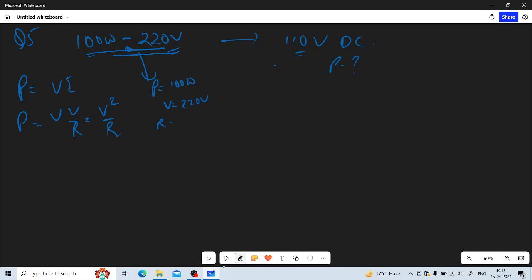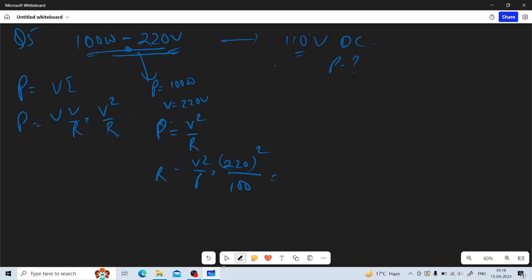So resistance will be simple. Put this value of V and P in this relation. So this relation is P is equal to V square by R, so R becomes V square by P. V square is in this case 220 square divided by power, which is 100.